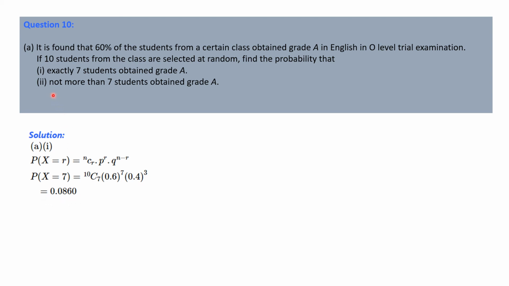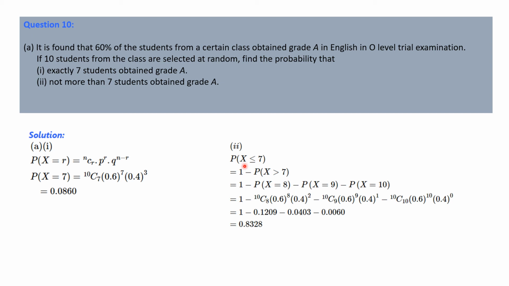Right? And for number 2, we want to find the probability that not more than 7 students obtain grade A. So not more than 7, meaning that the most is 7. So we have to find probability for x less than or equal to 7. So we use 1 minus probability for x greater than 7.